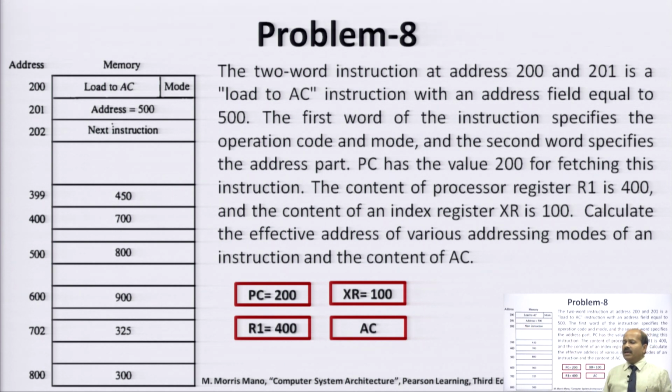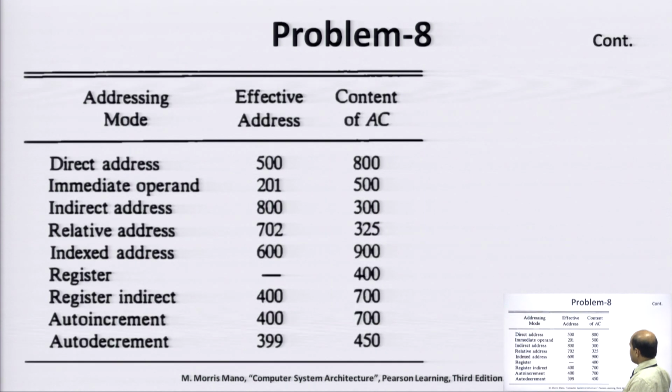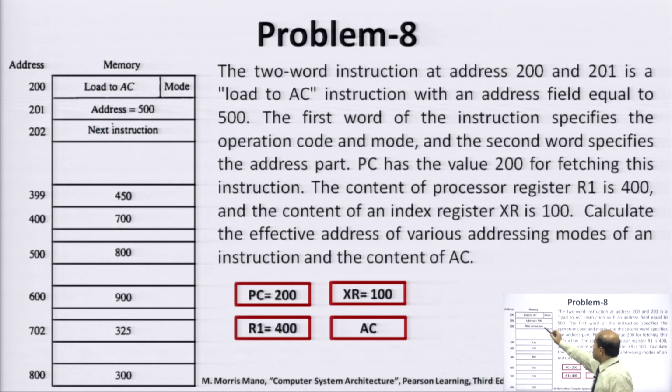So, what are the values if we use the various addressing modes? Let us talk about them. In case of direct address, we use the address value given in the second word of the instruction in memory location 201. This will be the effective address where you can get the data.